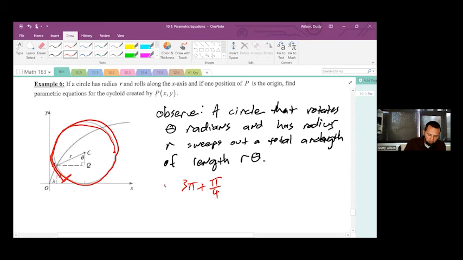Then this is the amount of theta-ness. Then the length of that arc would be 3 pi plus pi over 4 times whatever that arc for r is. Okay, so this ends up being pretty handy for us as we try to figure out how far we've moved along the curve.